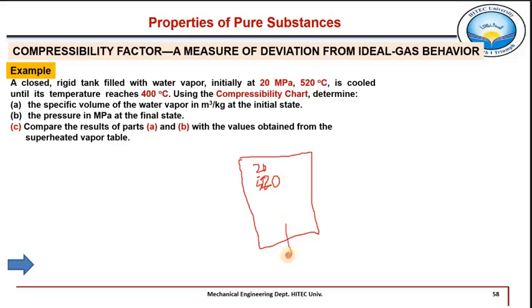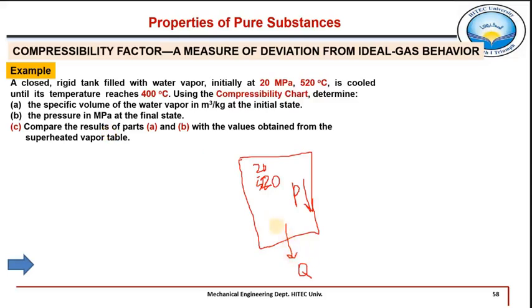Now it is cooled. Cooled means heat is taken out. When this water vapor is cooled down, its volume should drop, right? And pressure should also change, right? But here it is written that it is a rigid tank. Rigid tank means the overall volume will be the same, so volume will not change. Then pressure will drop, because volume is not changing, right? So the pressure will change. That is the main thing.